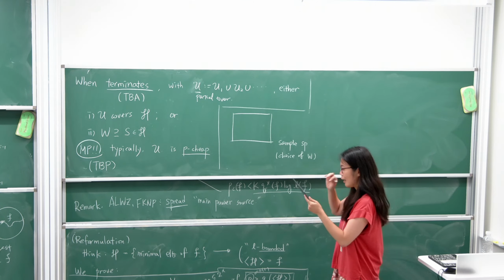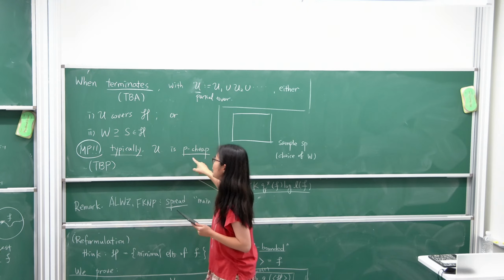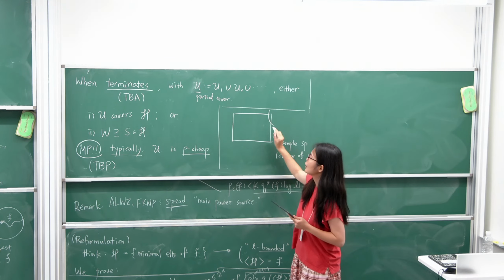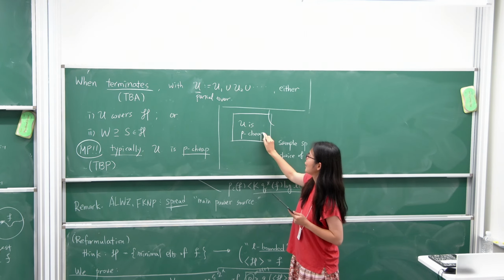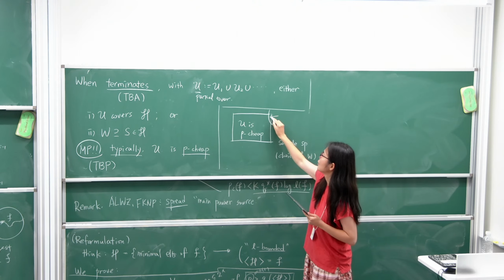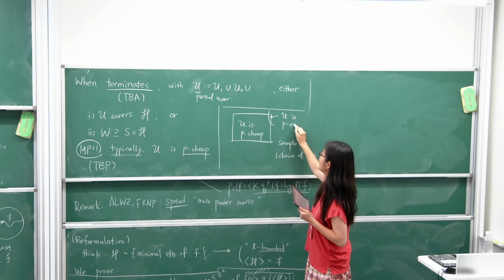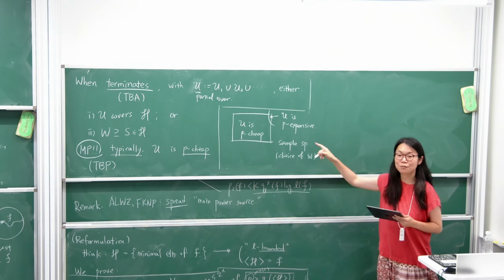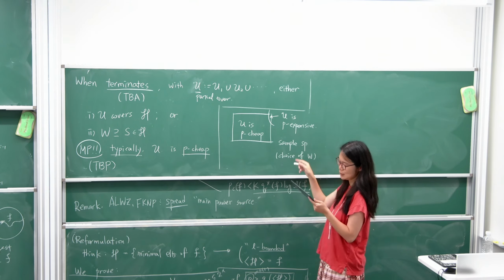Because of this main point, typically U is P-cheap. So for most of the choices of W, U is P-cheap, and for this little fraction, U is P-expensive, say. So this is from our main point.